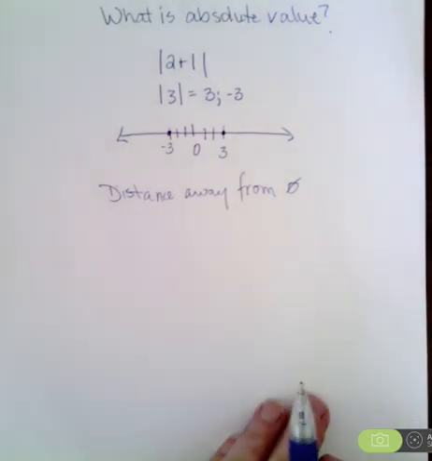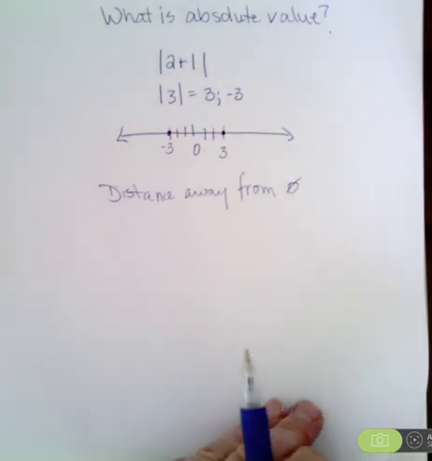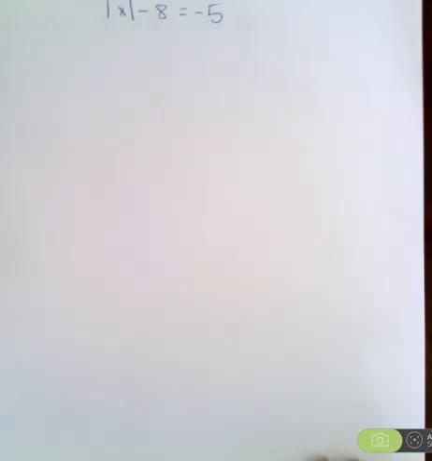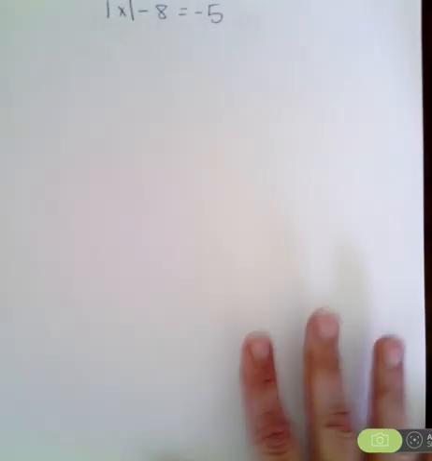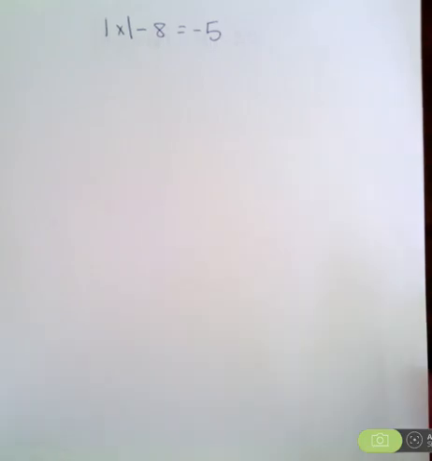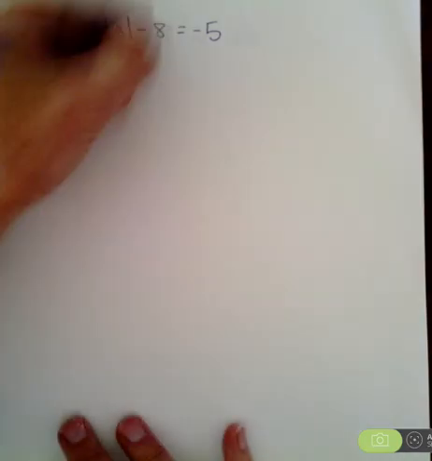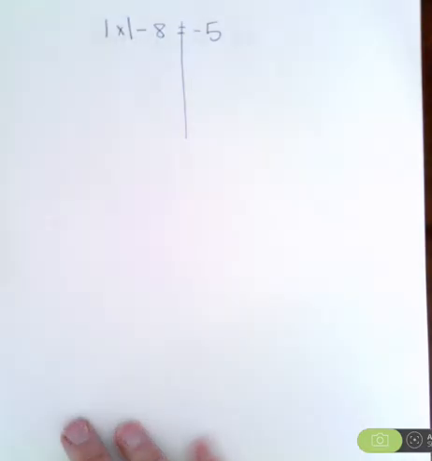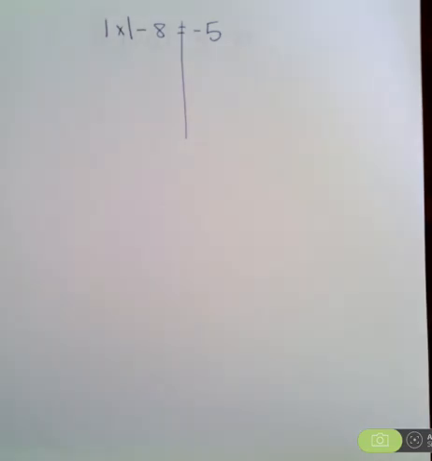Now that we've refreshed ourselves on what absolute value means, let's take a look at how to solve some problems. When we're working with absolute values, it's almost the same as solving any type of regular equation.